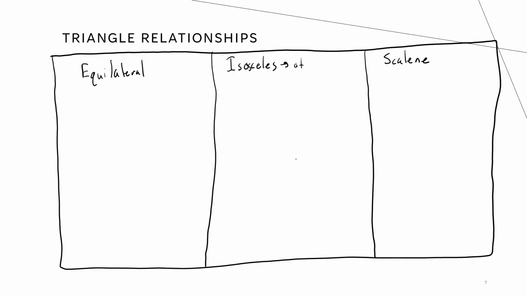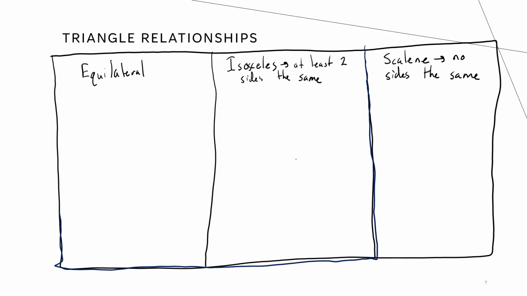Isosceles is at least 2 sides the same. And scalene is no sides the same. Now, you may remember that we found that all equilateral triangles are isosceles triangles. So you can imagine there's kind of a bigger box where the isosceles triangles contain the equilateral triangles.